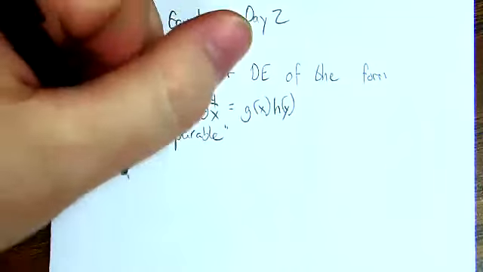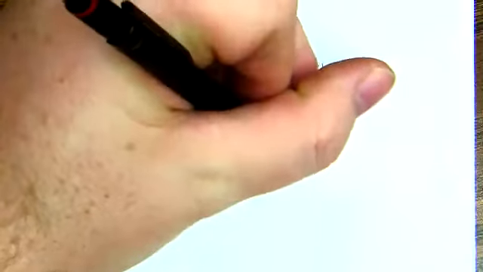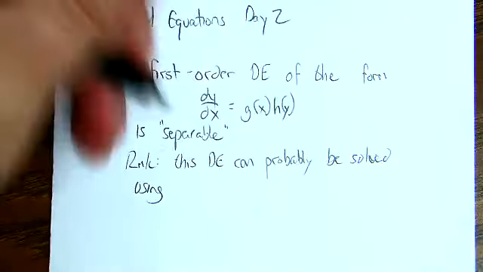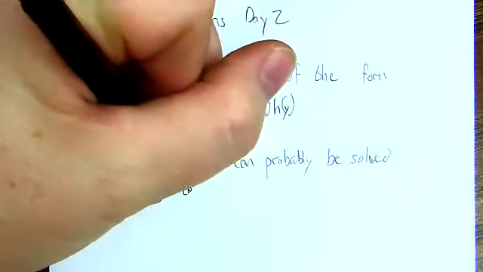And the direct consequence of that, what that means to us, is this differential equation can probably be solved using integral calculus, using just the techniques of integration we already know.